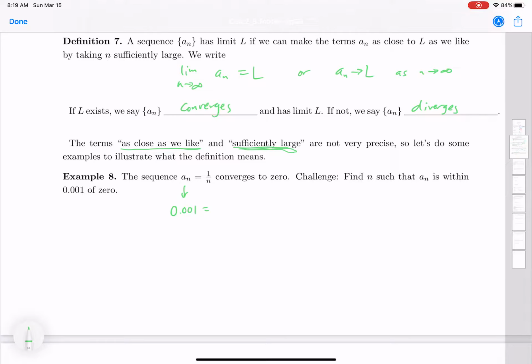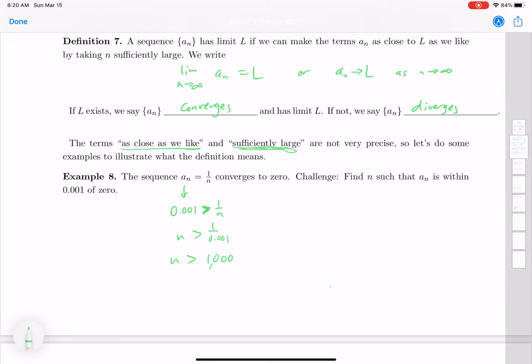So really I want that 0.001 to be greater than my 1 over n. And if I multiply the n to the other side and divide the 0.001 over, I end up getting that n is greater than, that's 3 decimal places, 1,000.